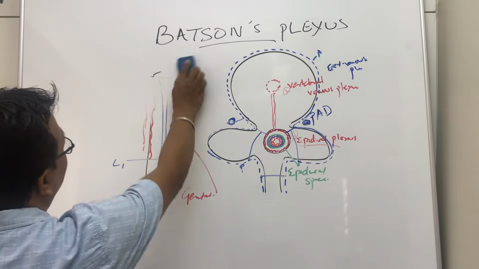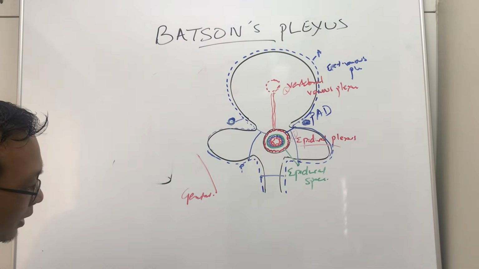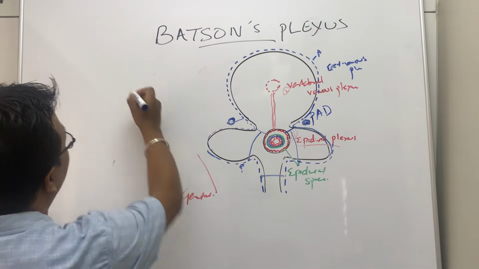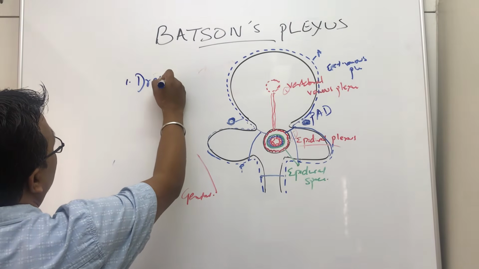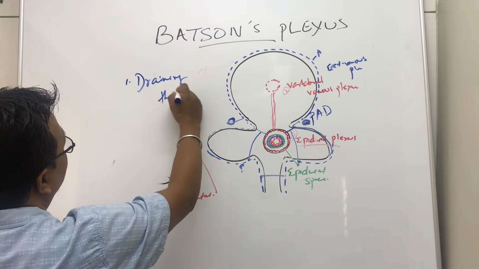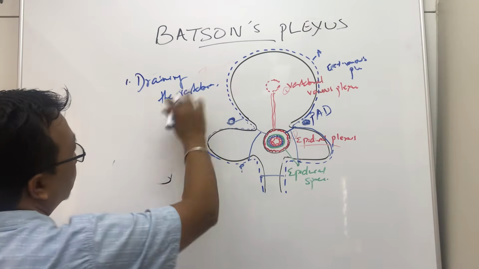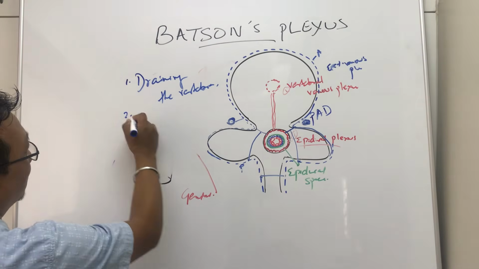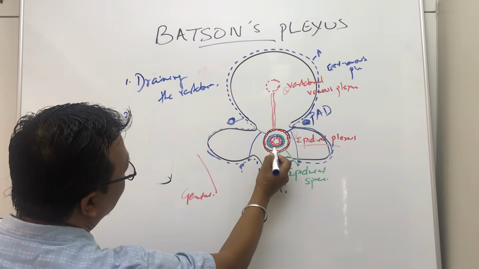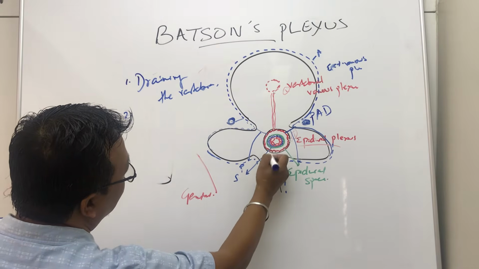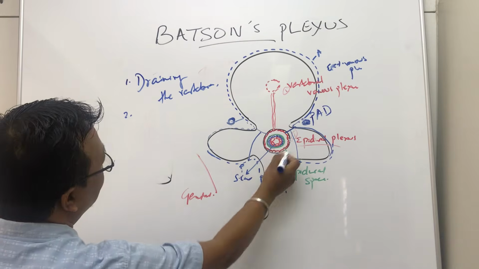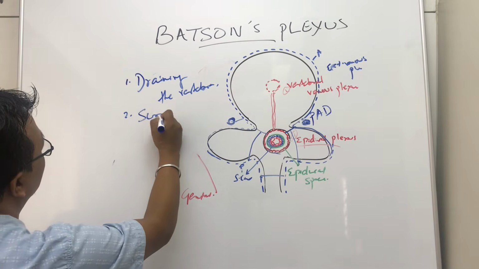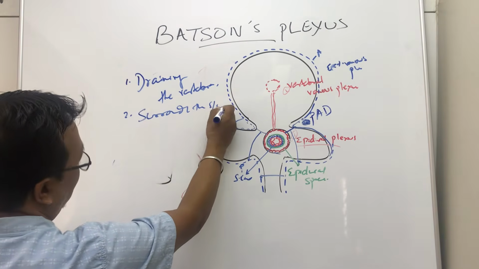So the specialty of this Batson plexus is, number one, they are draining the vertebra. They are the venous plexus which are draining the vertebra. Number two, they are surrounding the spinal cord. Look, this is the spinal cord inside, and they are surrounding it.